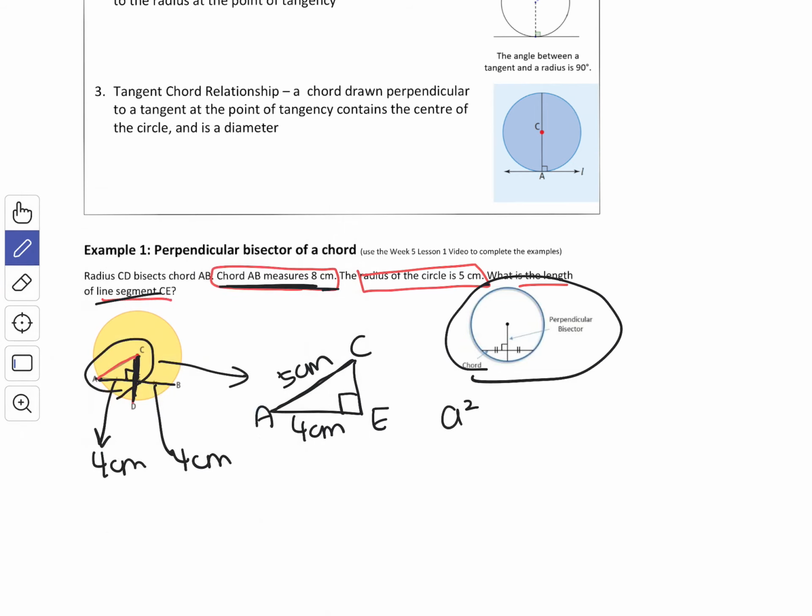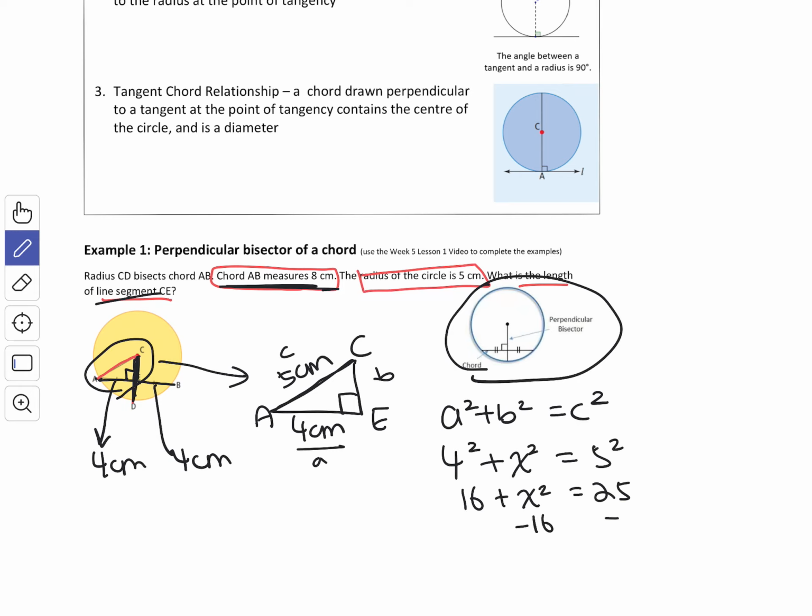So we're going to use the Pythagorean theorem, which is a squared plus b squared is equal to c squared. We just fill this in. Let's say this is our side a, b, and c. a is 4, so 4 squared plus b is what we don't know, so x. c we know is 5, so we write 5 squared, and we just solve for x.